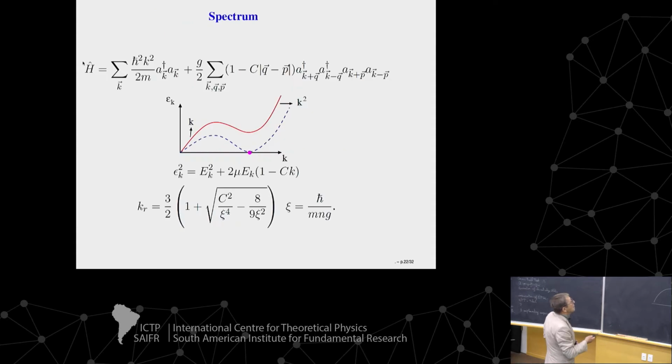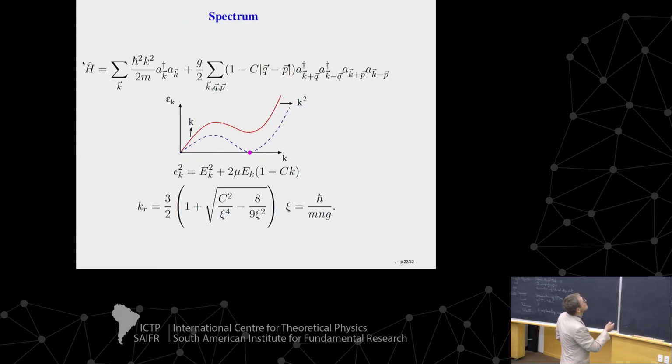And then what you do, you write down the Hamiltonian, yes? Then, assuming a uniform condensate, you do the Bogoliubov transformation, which I showed you in the previous lecture for uniform BEC, and you find the excitation spectrum, which has a roton minimum, or may have a roton minimum, which can be put equal to 0. The excitation energy is given by this relation. Here it is in the square.